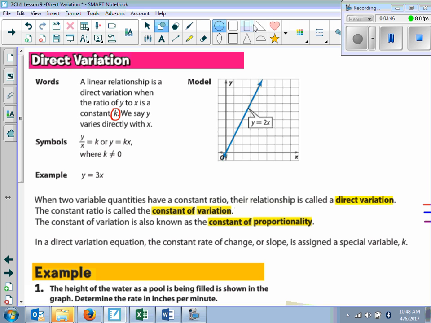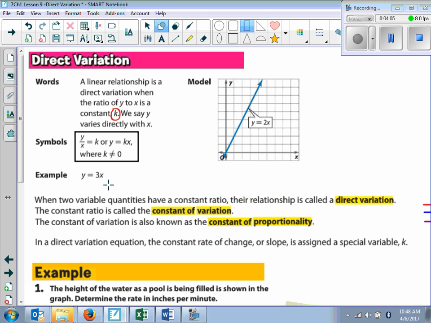Now, I want you to write down this information right here in symbols. Okay? It says when we're looking at a direct variation equation, it looks like this. The ratio of y to x, y over x, is equal to k.